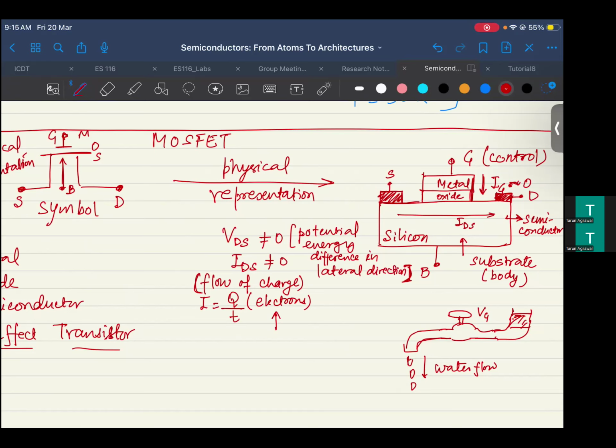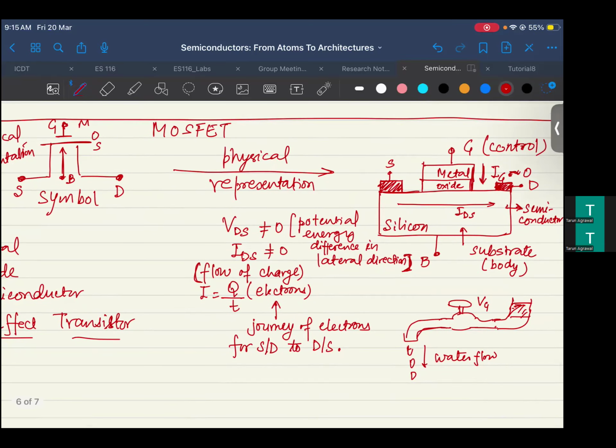So the current is basically coming from the journey of electrons from one terminal, which could be source, to another terminal, which could be drain. That is what is giving you this current. Interesting. So current is actually flowing in the semiconductor, from the application of the VDS.